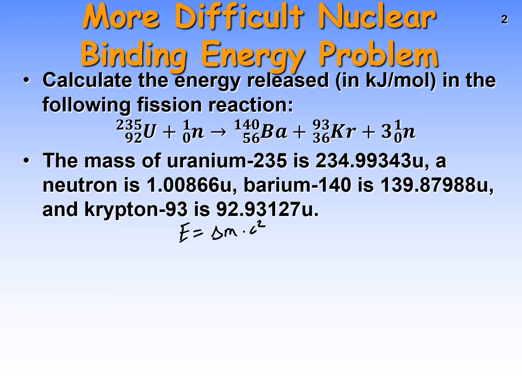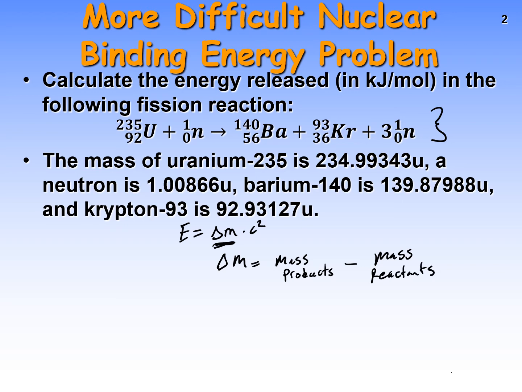So, okay, the difference here is in the delta M, because we're not dealing with a single nucleus. Now we're dealing with a reaction. So instead of delta M being particles minus nucleus mass, in this case it's mass of the products minus mass of the reactants.